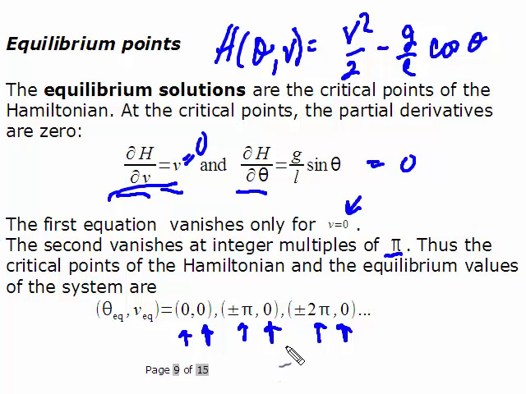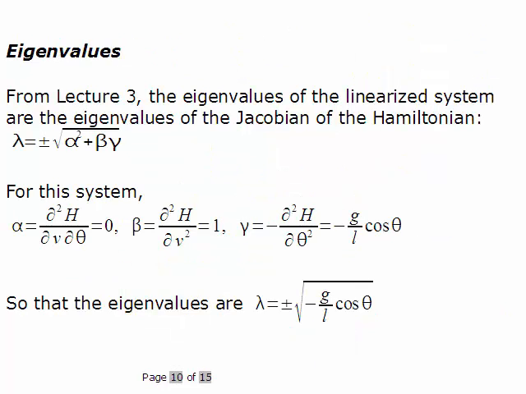Now let's look at the Hamiltonian to see how the system is going to behave at these equilibrium points. This is a Hamiltonian system, so I know from the previous lecture that the eigenvalues are plus or minus the square root of alpha squared plus beta gamma. Here alpha is a mixed partial derivative of H, which in this case will be 0.